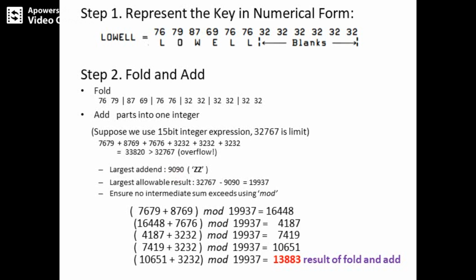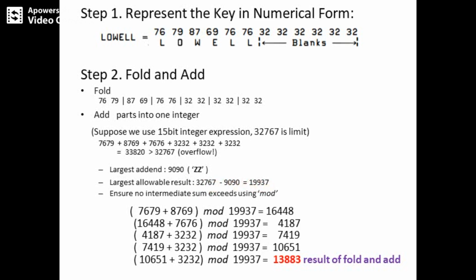Now I am going to find the largest allowable result. How can I get it? We have the limit as 32767 and I subtract 9090 from that.